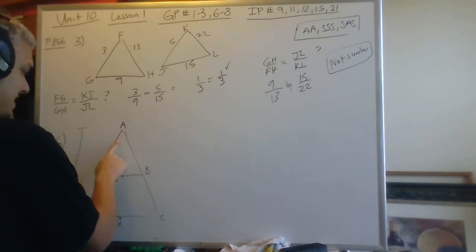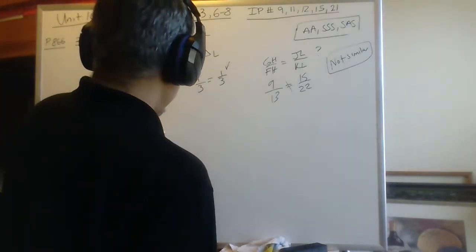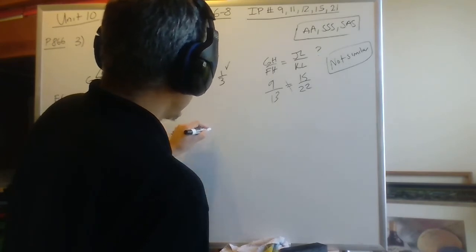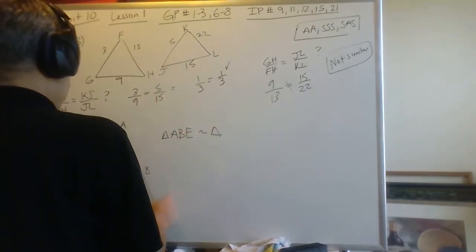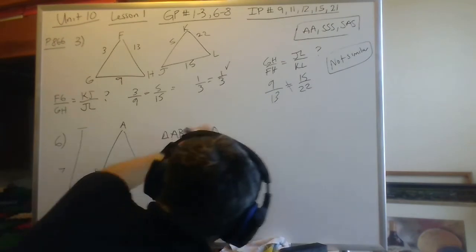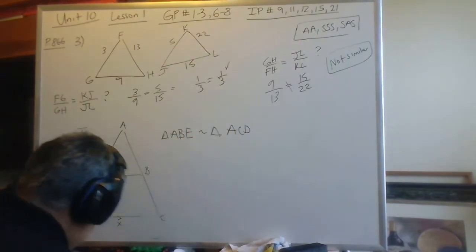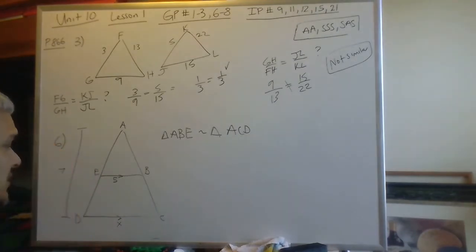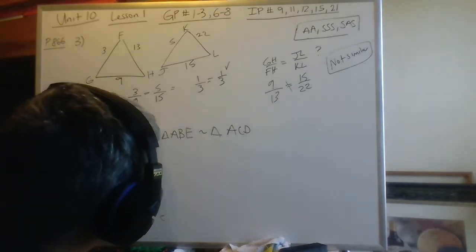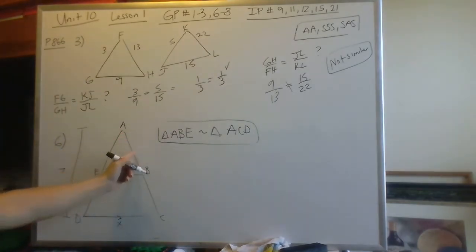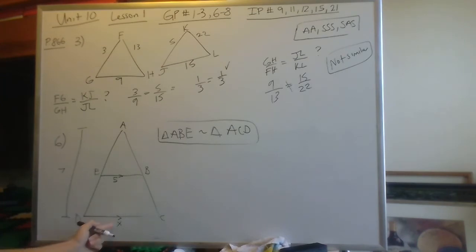Well, we know that triangle ABE is similar to triangle ACD. And what it wants us to do is find each measure. So this is the similarity statement. This smaller triangle right here is similar to the large triangle. Okay, however, we need to find x. We don't know what x is.